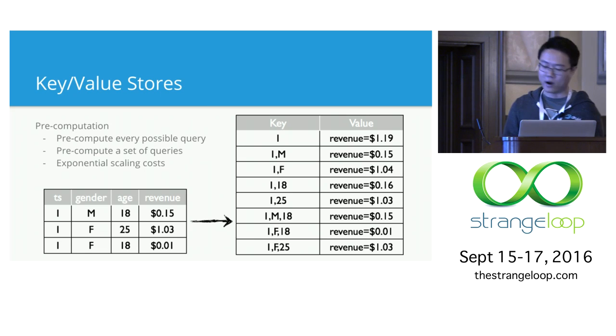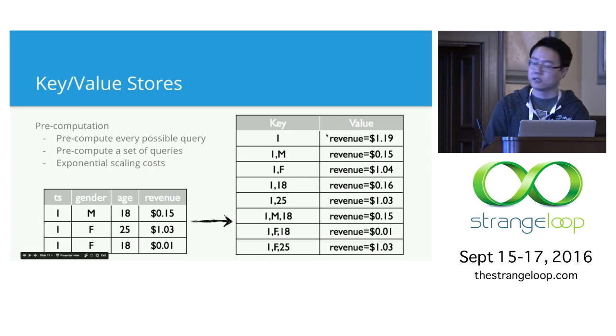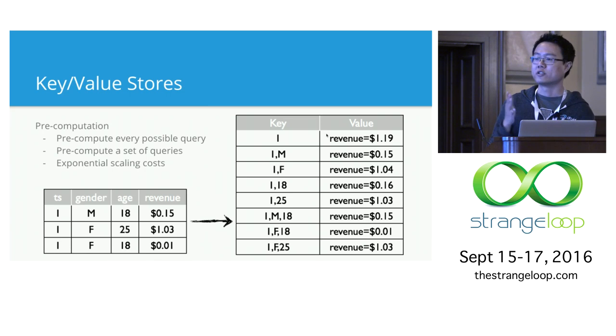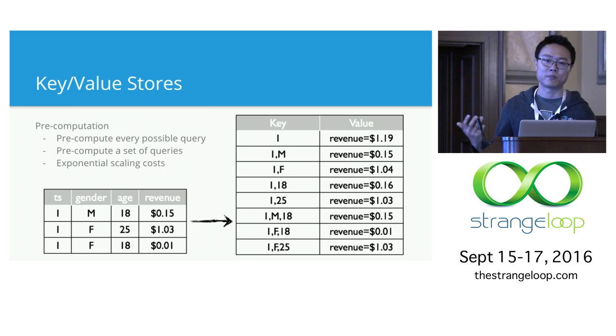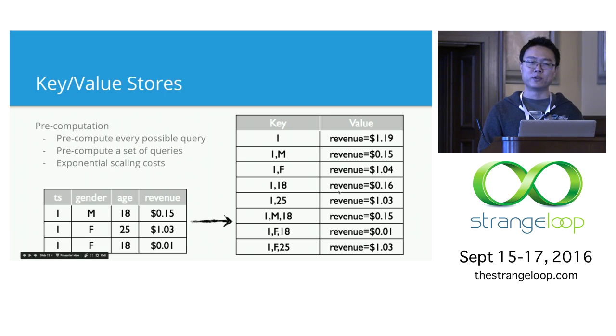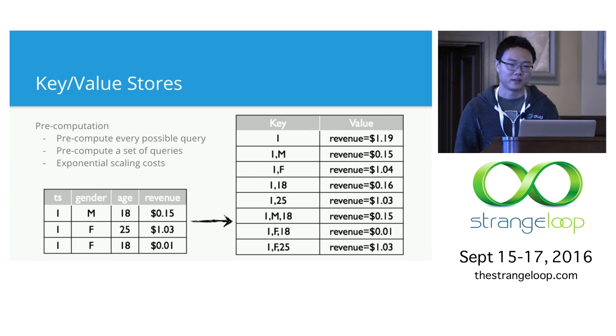Where this starts falling apart is as you start getting to more and more complex raw data sets, as you start adding more and more columns into your data, your total query space grows exponentially in size. And it's very easy that you start hitting scaling problems and storage problems with this model. But what is nice about this model is once you pre-compute all the results, you're basically just hitting a cache, doing an O(1) lookup to get values back. And it's very, very fast when you do that.